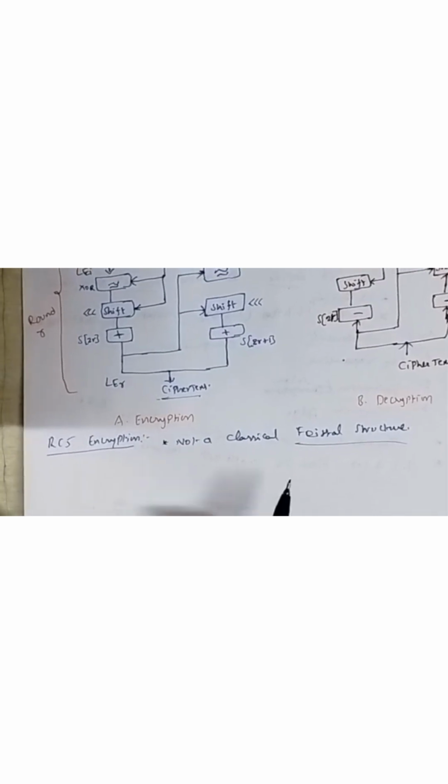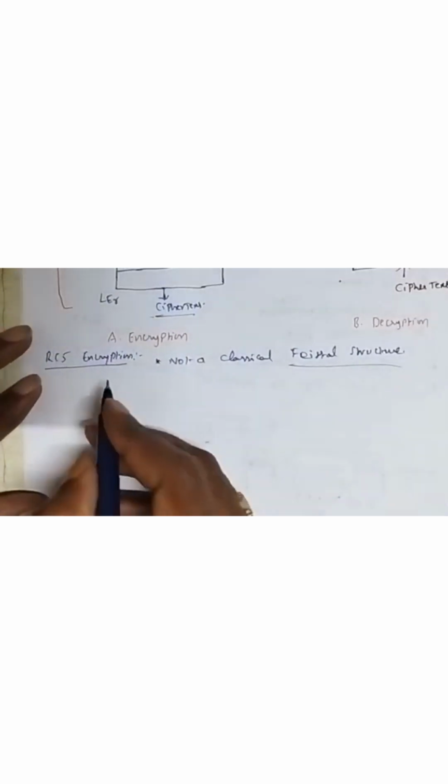We will apply XOR operation, shift operation like this. It is a substitution that depends on the key, using both word and data. What is the encryption actually here?